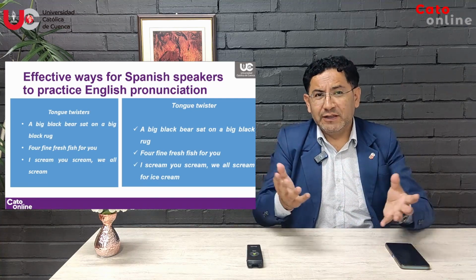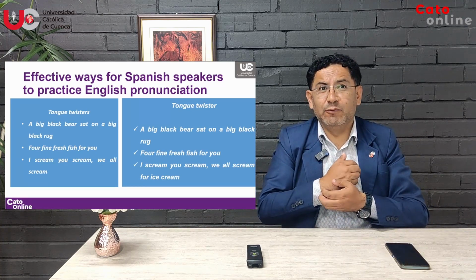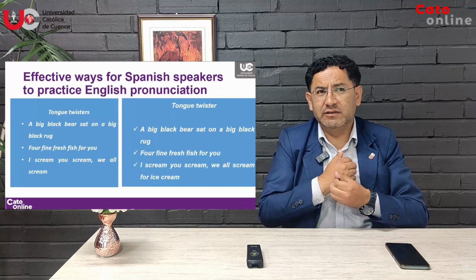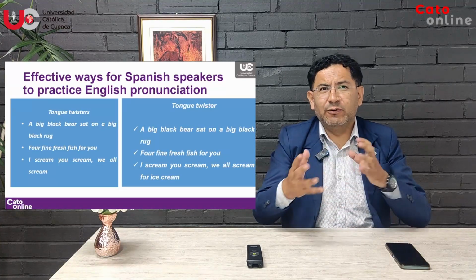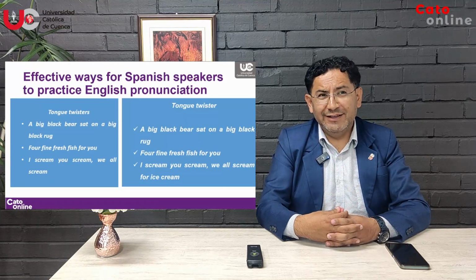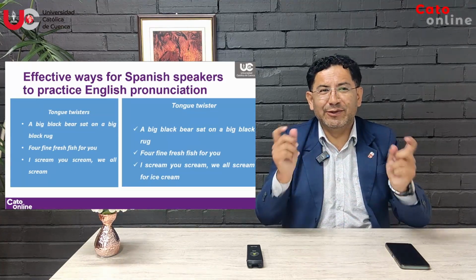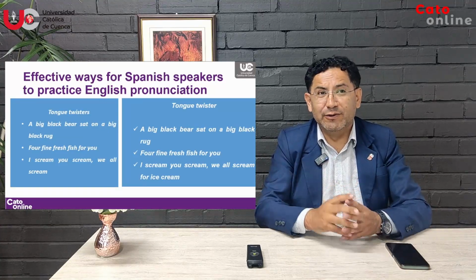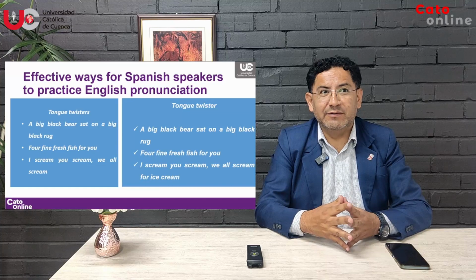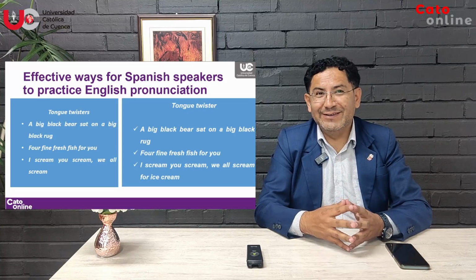Now I am going to finish by giving you effective ways for Spanish speakers to practice English pronunciation. The first idea with children is using tongue twisters. It is very easy because we use a few words. For example, a big black bird sat on a big black rock. Okay?